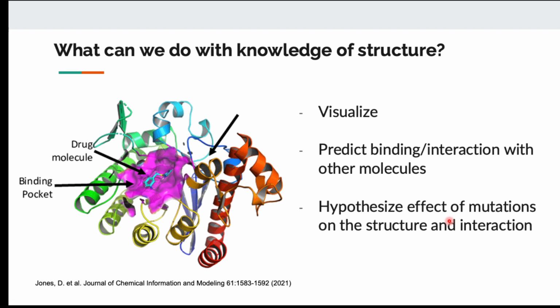When we have a mutation, we can make hypotheses. If we have a mutation here, in the binding pocket, we think that the mutation might disrupt the binding between the protein and drug. If we have a mutation out here, it might not change the interaction between protein and drug. So knowing the structure allows us to interpret somewhat the effect of mutation or changes on the protein.